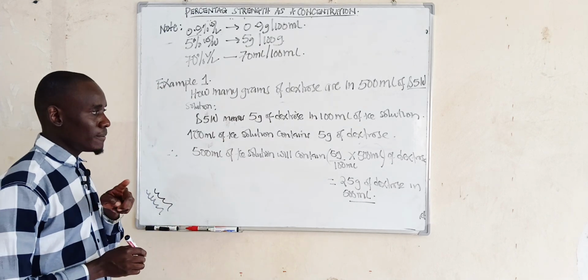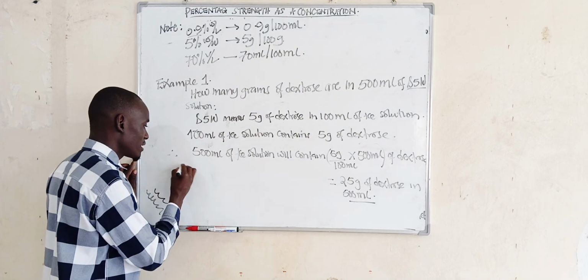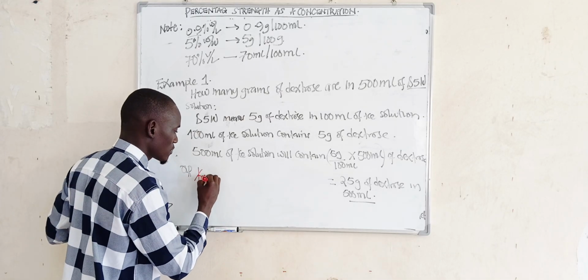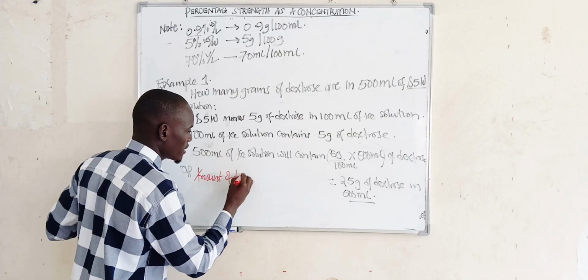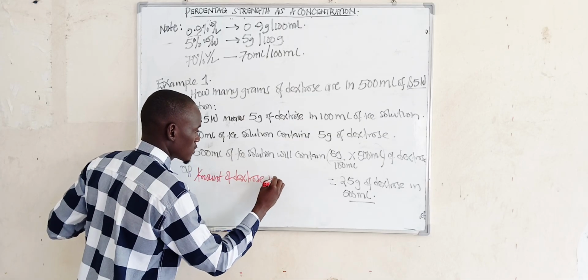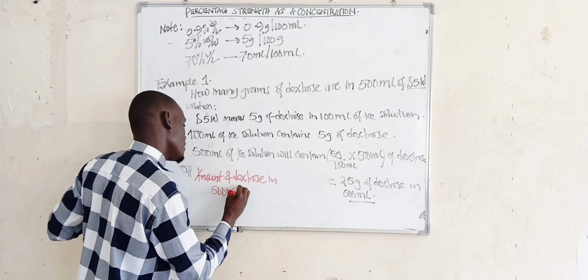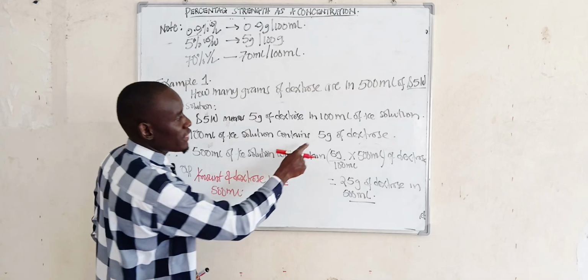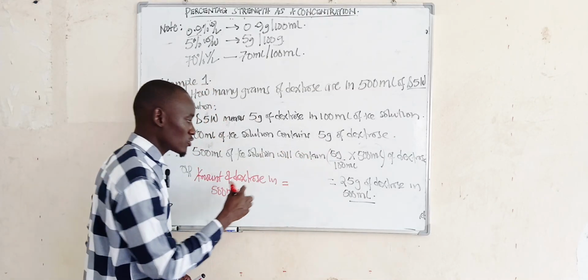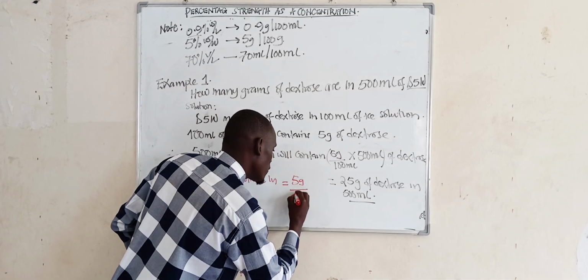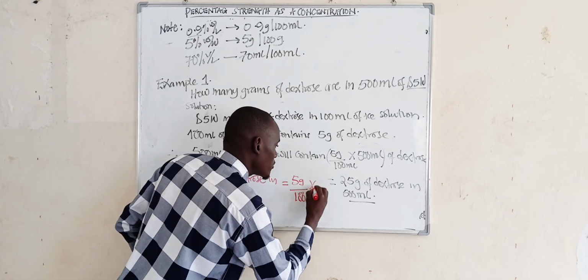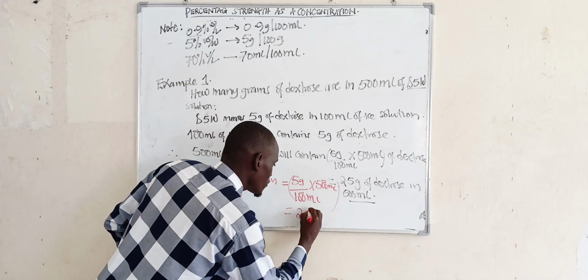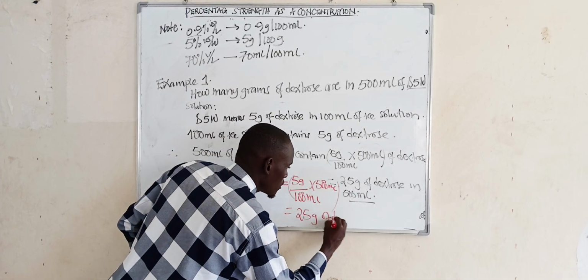Or alternatively, we may also calculate it by saying that the amount of dextrose in 500 mils is given by, since we now know that 5 grams is in 100 mils, 5 grams out of 100 mils times the required volume, which is 500 mils. So by computation, this one also will give us 25 grams of dextrose.